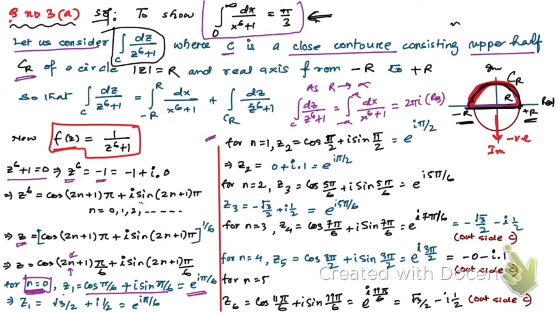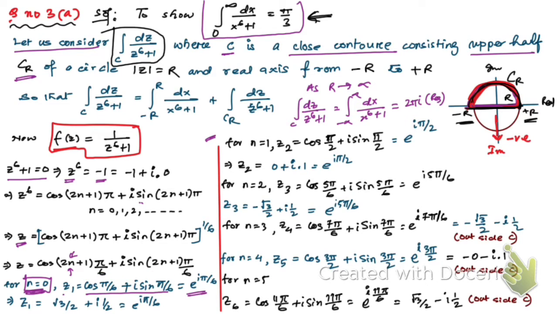Remember that. If you have cos theta plus i sin theta, then it also can be written as e to the power i theta. Okay, so this is very important information. Just remember this for the time being. So now you see, similarly we have found the values of cos pi by 6 and sin pi by 6, and we have put those values.